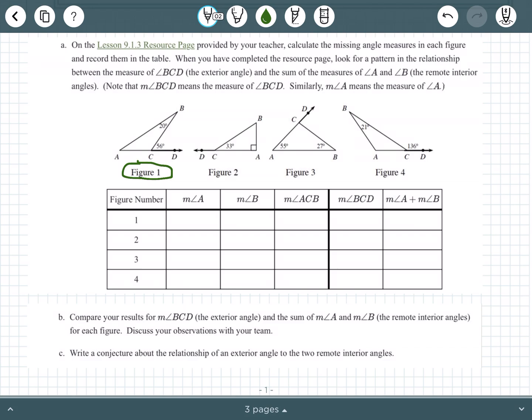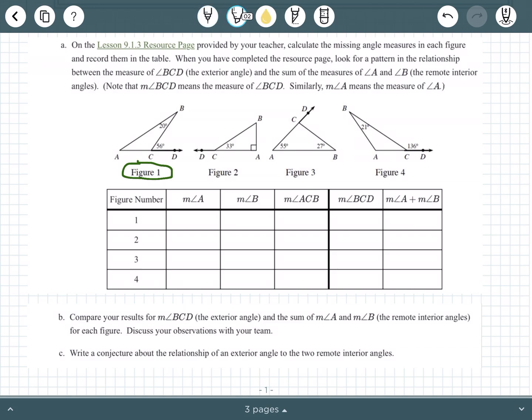If we're looking for the measure of angle A, how could we find that? Well, we know that the measures of the two remote interior angles equal the measure of the exterior angle.